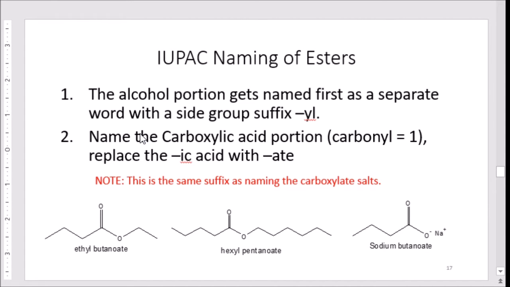The alcohol will be a side group, and it gets a separate name. It comes first. Now here's what we're going to do: we're going to treat it just like when we were naming the carboxylic acid salts. Same kind of idea. The ic acid gets replaced with ate, and then the alcohol part is going to be taking the place of our cation.